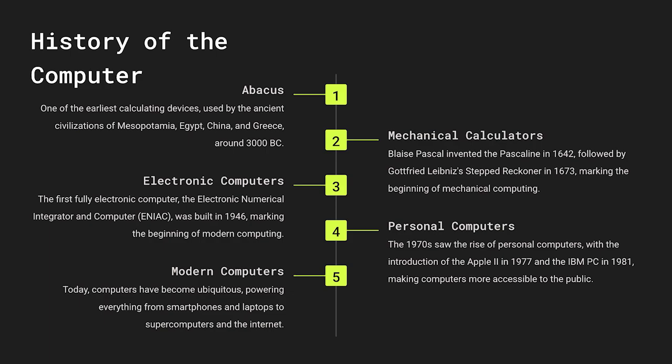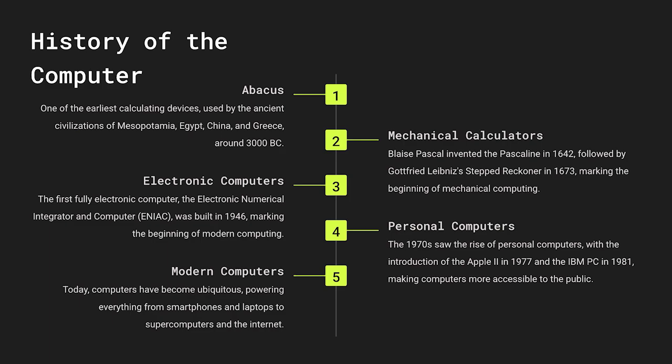We aren't going to spend too much time on the history of a computer because we already did that. But just as a reminder, the first computer was the abacus, and it was one of the earliest devices, dating way back to like 3000 BC. From there came our mechanical calculators.